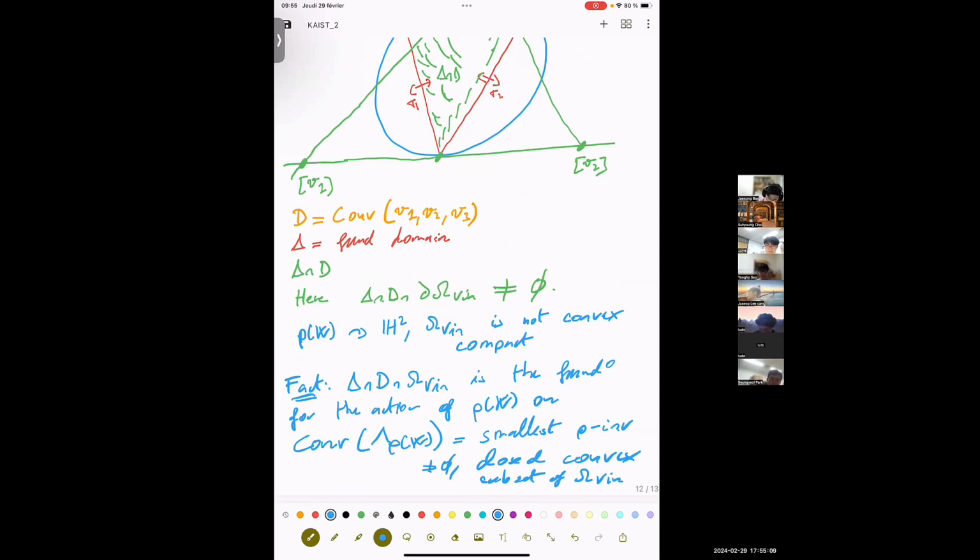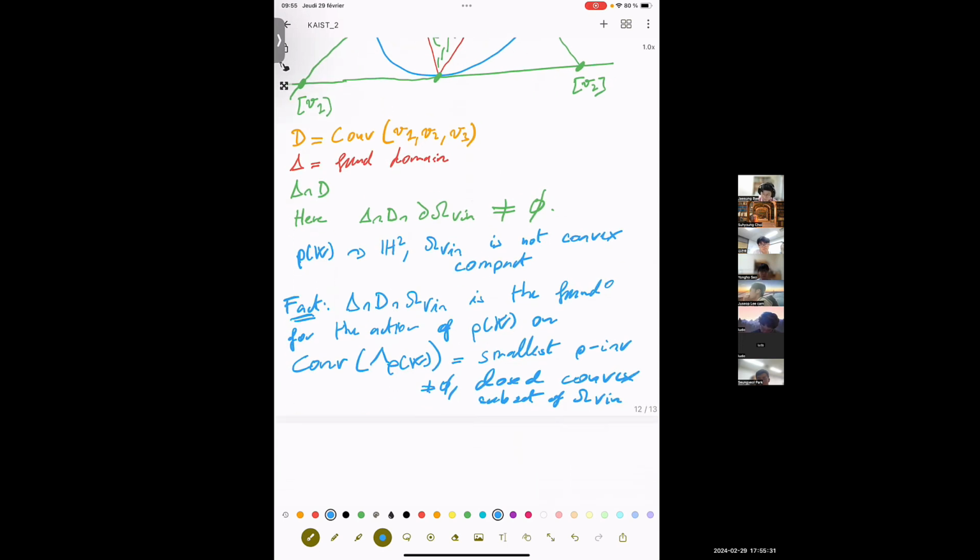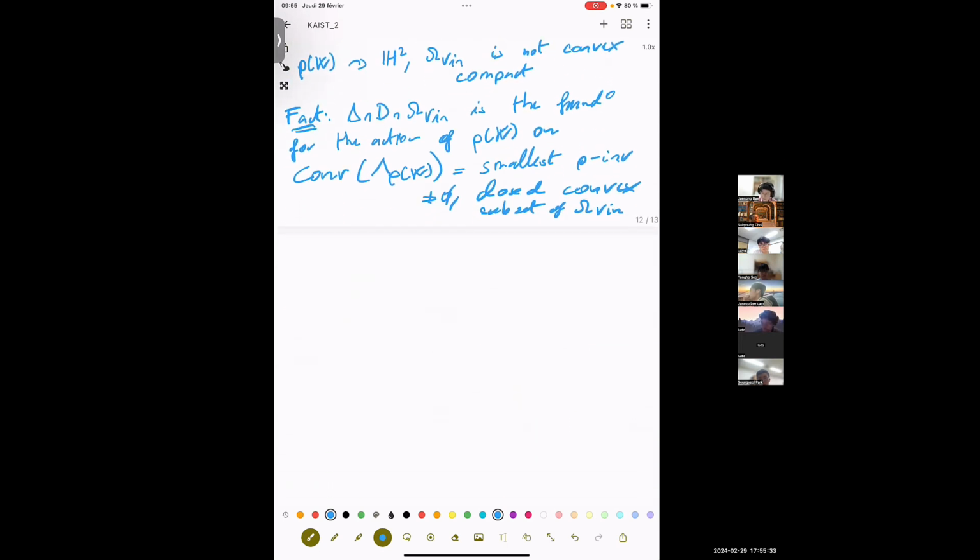So on the smallest, the fundamental domain is not compact, so my action is not convex cocompact. Okay. The strategy will be the same in general. Okay. Any question for the experiment?